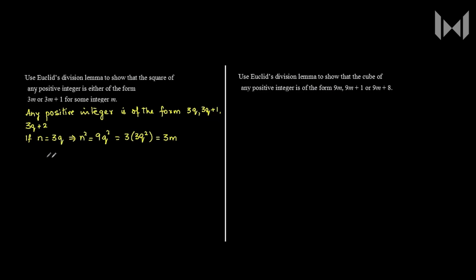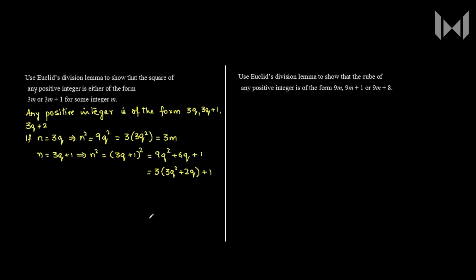Now we look at the second integer, which is n equal to 3q plus 1. That implies n square is equal to 3q plus 1 the whole square, which makes it 9q square plus 6q plus 1. Now if I take out 3 common from the first two, I get 3 times 3q square plus 2q, plus 1.